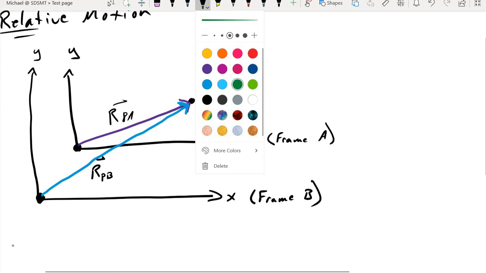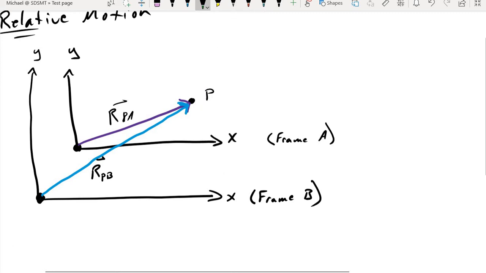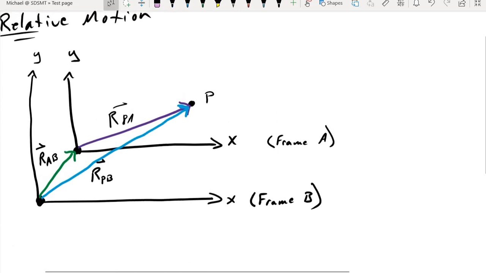And the way we're going to do that is we're going to introduce a third vector, which is drawn from one reference frame origin to the other. And I will call this vector the position of frame A with respect to frame B. So we are measuring the origin of frame A with respect to the origin of frame B.